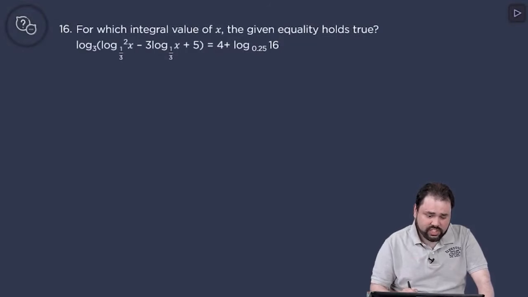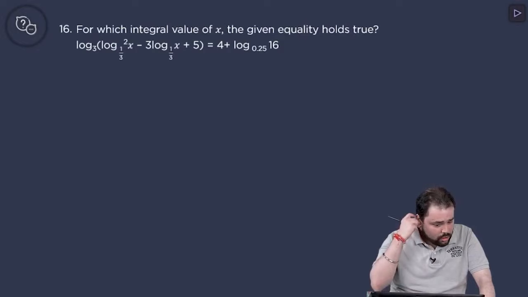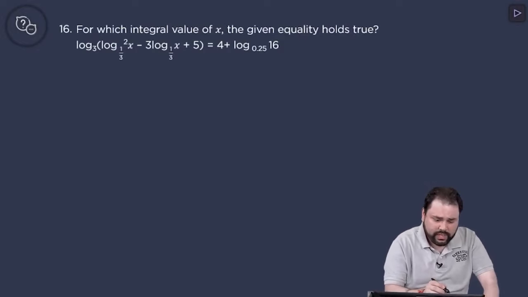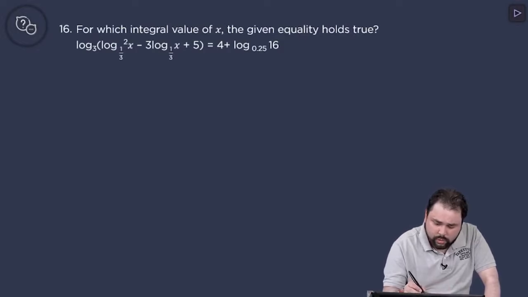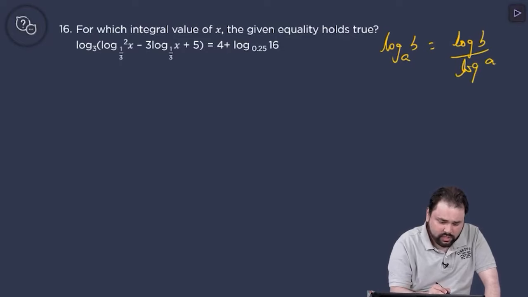Okay. For which integral value of x does the given equality hold true? Log squared x. Okay, this is fine. I can do a lot mentally. So we know this, log base A of B is equal to log B by log A. I'm going to use this funda.